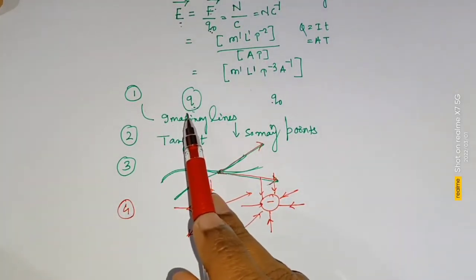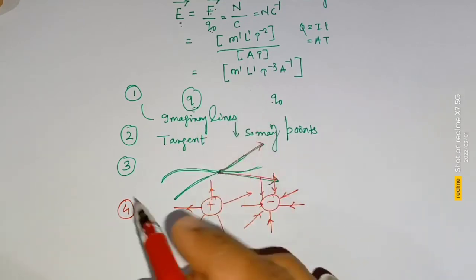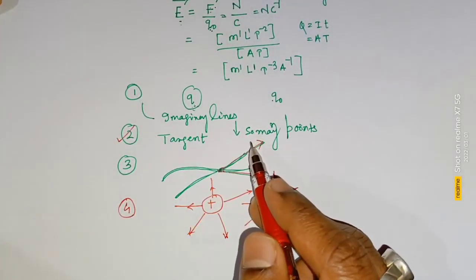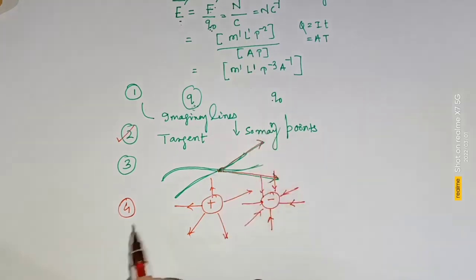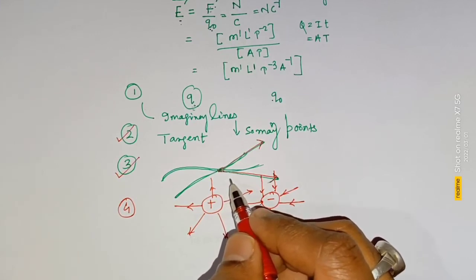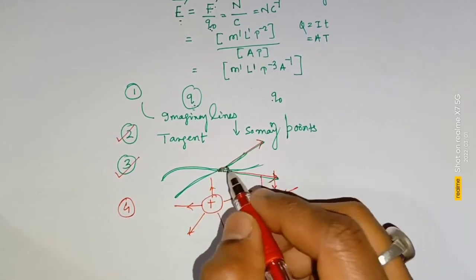The tangents drawn at any point on the field lines give the direction of electric field at that point. Two field lines never intersect. At the point of intersection, there would be two directions of electric field, which is practically not possible.